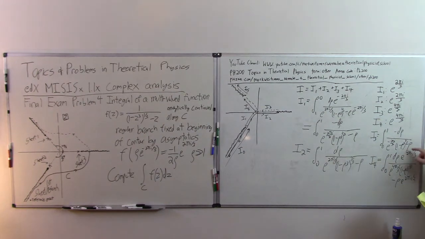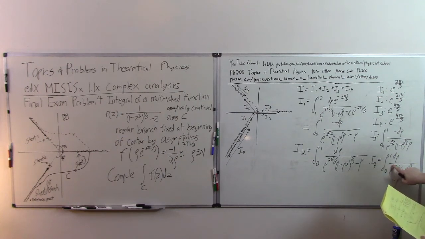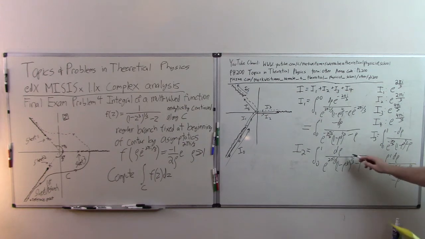Now let's divide everything by 2 pi i over 3. So this vanishes. This becomes a 2. And this vanishes. So now we get the same thing over here.